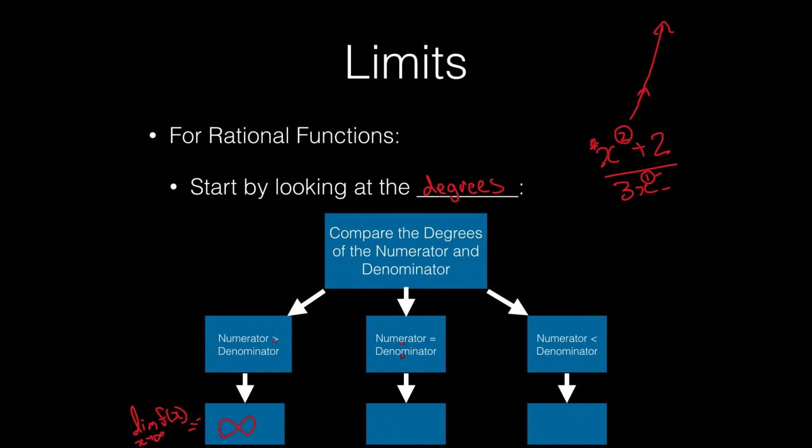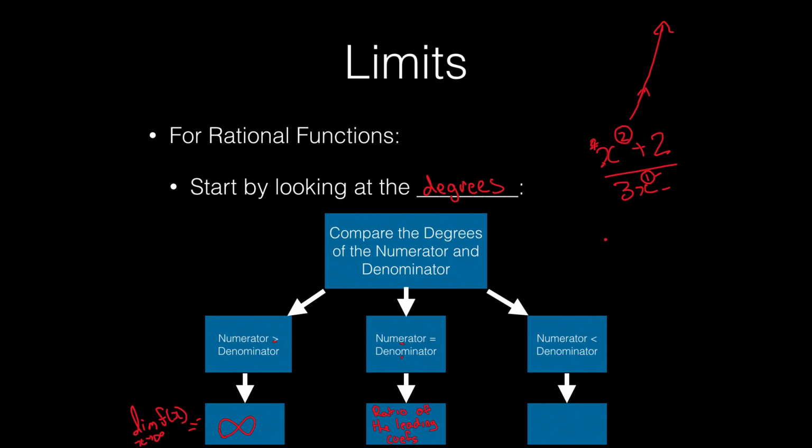If the degree of the numerator equals the degree of the denominator, then the limit is the ratio of the leading coefficients.